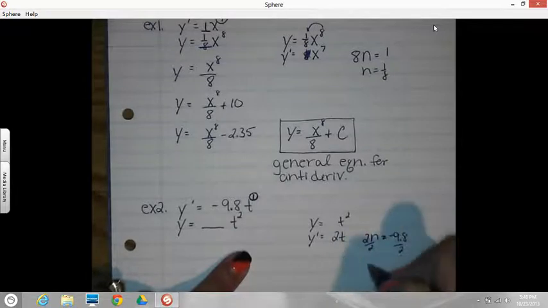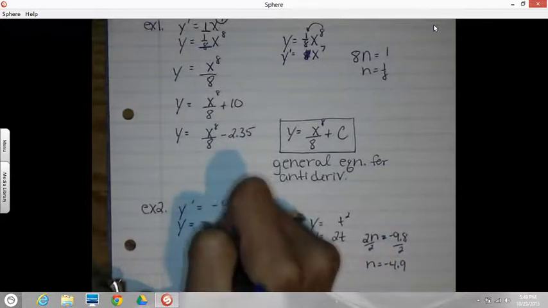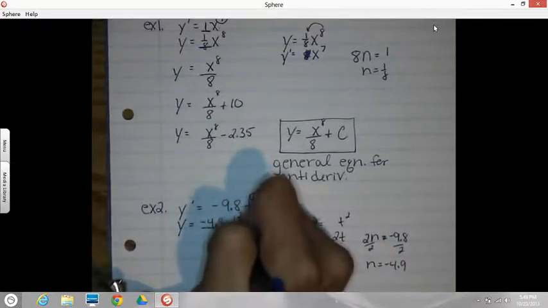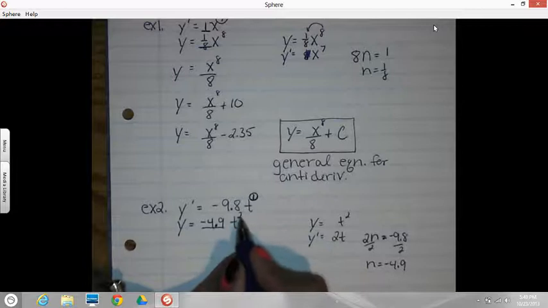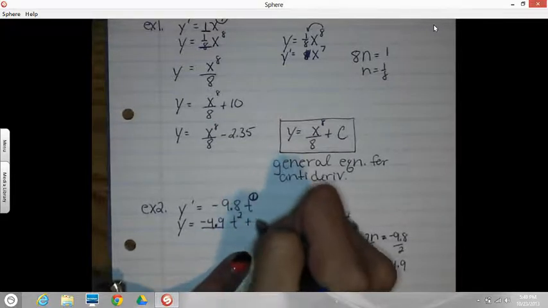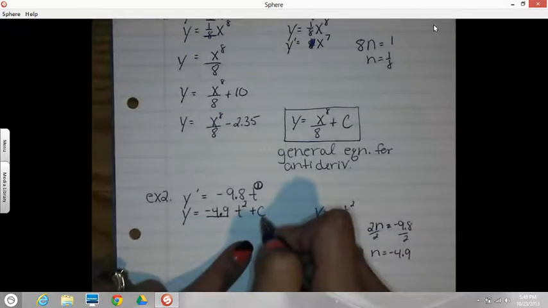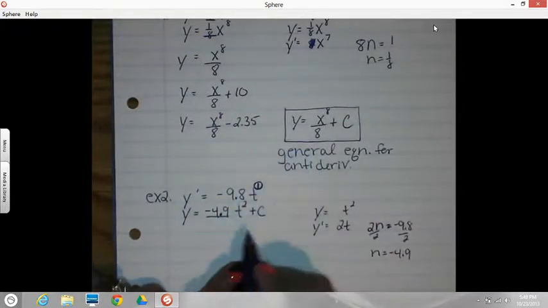And it would have to equal a negative 4.9. Now I know it has to go here. So if I check, 2 times negative 4.9, it's going to give me the negative 9.8 t to the first. And don't forget all of those other equations that I could have if I had a plus some constant value here that goes to 0, has that derivative. So don't forget the plus c's when you're doing antiderivative.